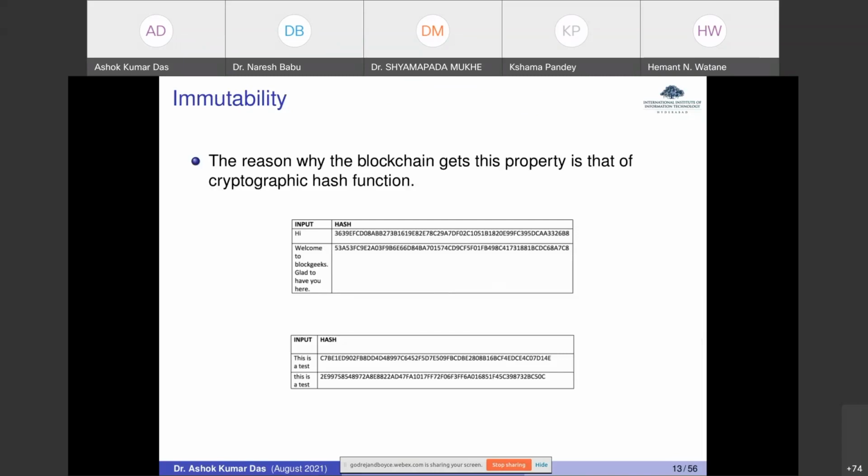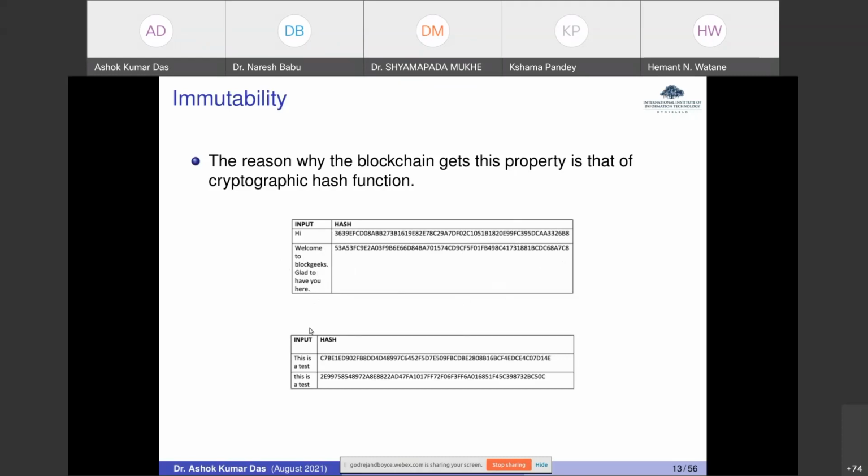Say, for example, if you have the input "hi", and if we apply the SHA-256 hashing algorithm, which is known as the Secure Hash Standard algorithm 256, it will provide a 256-bit hash output, say represented in decimal format. Say "Welcome to Blockgeek. Glad to have you here." Then that hash value will be as follows.